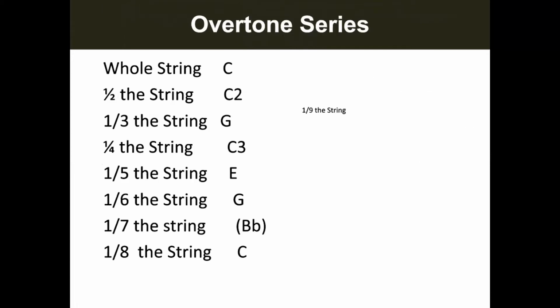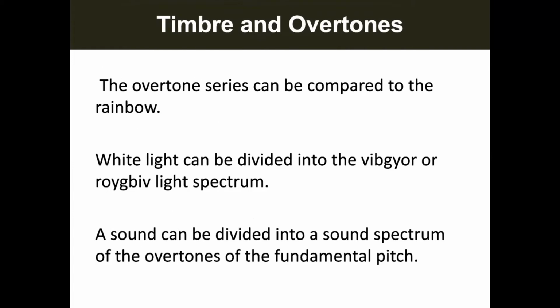Like in light, we break it down into the spectrum with the different colors, Roy G. Biv, however you remember it. But sound can be divided also into a rainbow, a collection of pitches that makes the timbre.